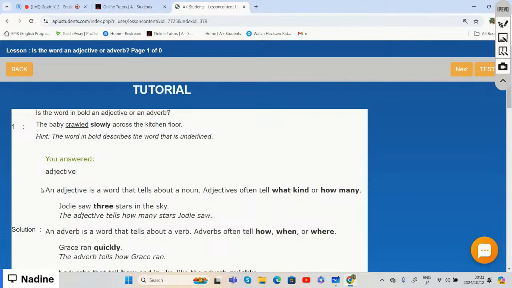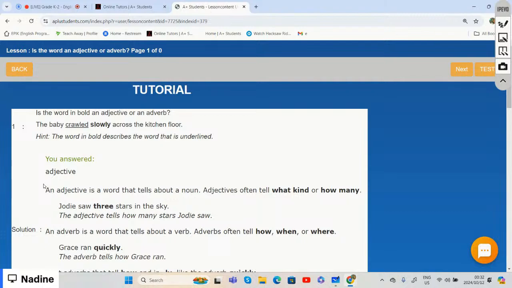The word in front of the word in bold will tell us, based on the type of wording, if it's either an adjective or an adverb. Remember, if it's an adjective that is underlined, then our word in bold will be a noun. If it's an adverb that is underlined, then our word will be a verb.